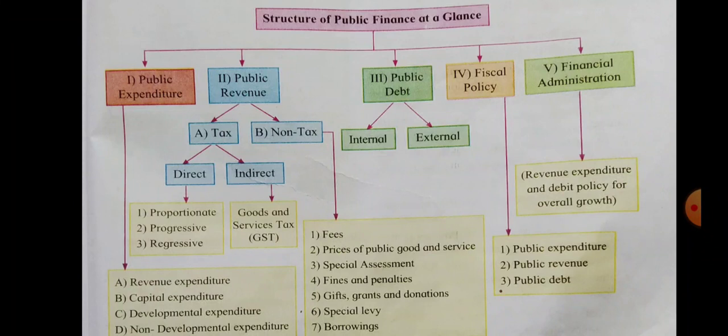This includes preparation and implementation of the government budgets along with the overall growth of the country. So these are the five important components of public finance: public expenditure, public revenue, public debt, fiscal policy, and financial administration.